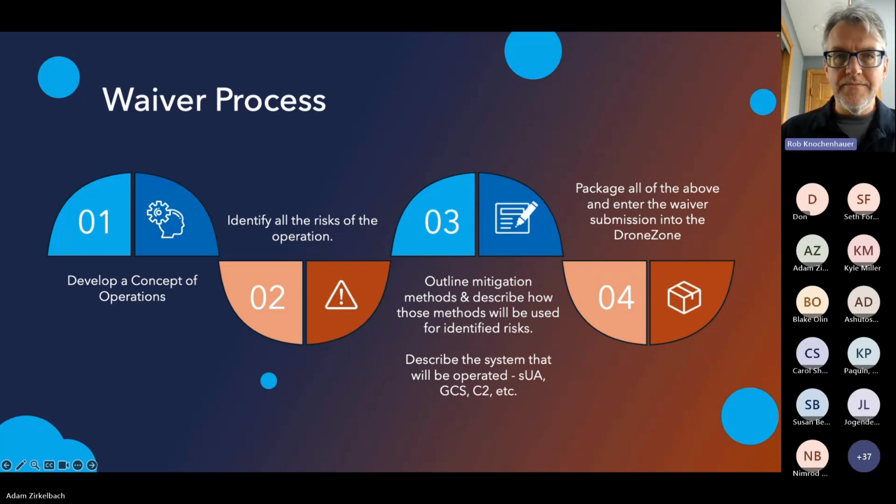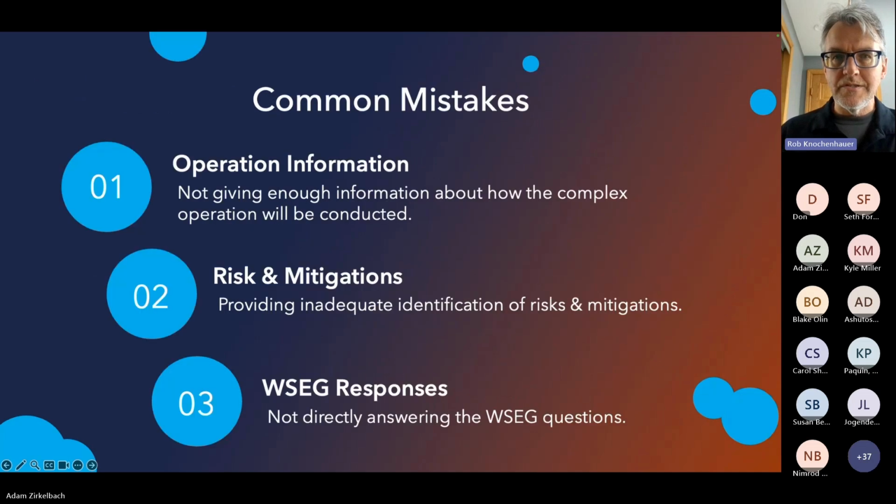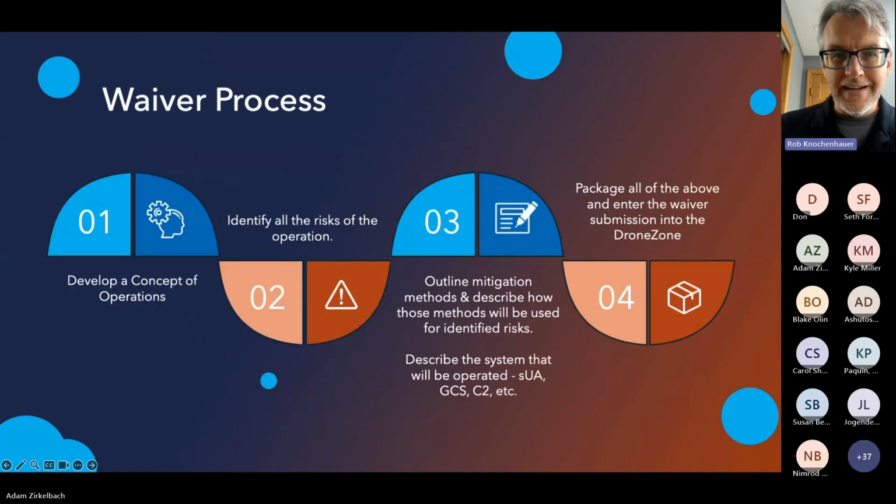Those are the waiver safety explanation guideline questions. So, we're getting into the common mistakes. Part of the package, which probably should have been included in the previous slide, is that when we prepare a waiver for our clients or for ourselves, we make sure that we have all those questions explicitly answered in addition to the concept of operations.